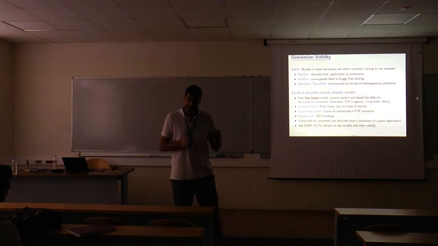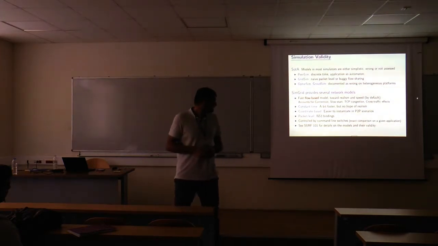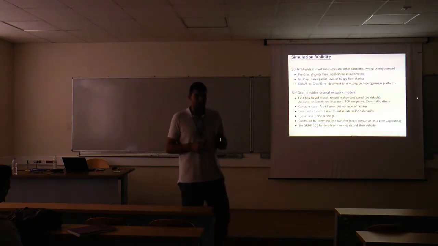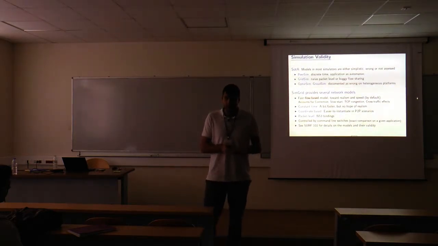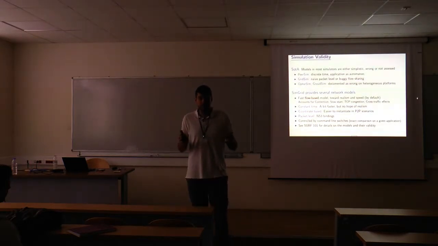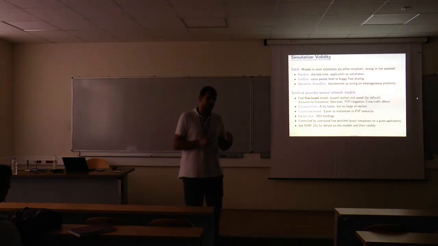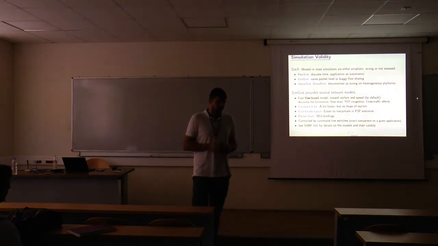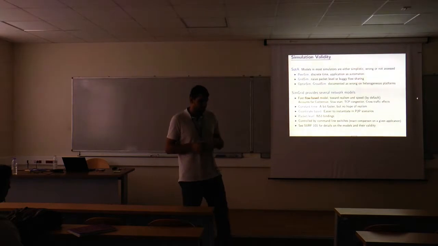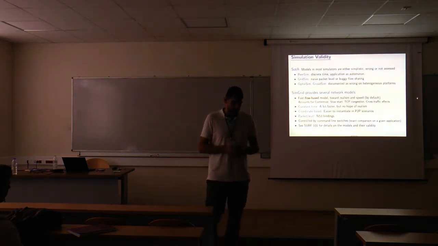In some cases, it was actually quite wrong. Instead of that, Simgrid first tries to validate that the models being used are actually valid, and tries to determine the boundaries within which they can be used. It also proposes different models depending on the kind of study that you want to do.